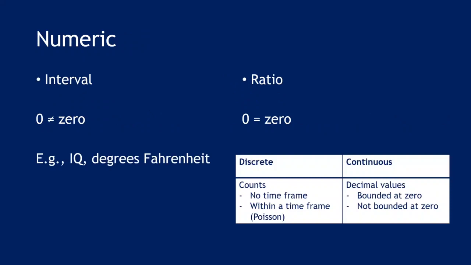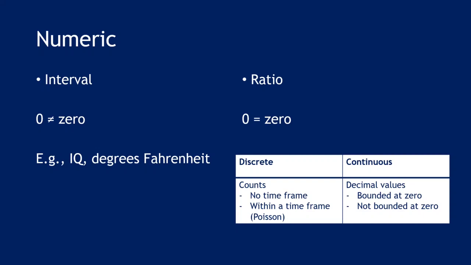Numbers can also be numeric variables. There are 2 different types. You can talk about the intervals versus the ratios. The intervals, for example, IQ and degrees Fahrenheit, are on a particular scale that can go through 0. But 0 does not actually mean the mathematical 0. So for example, 0 degrees of temperature does not mean that there's no temperature.